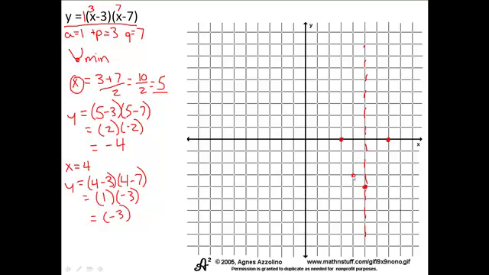We've got to reflect that across the axis of symmetry, so this is 1 unit away, so 1 unit the other direction. And then we connect with our smooth curve. And voila, you've got it. Good luck on your homework.